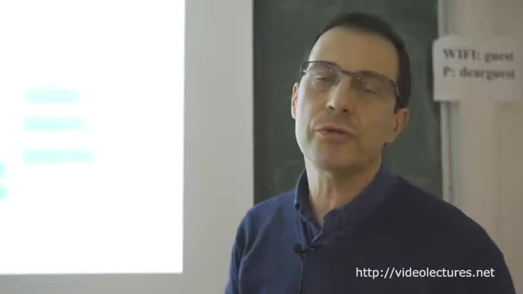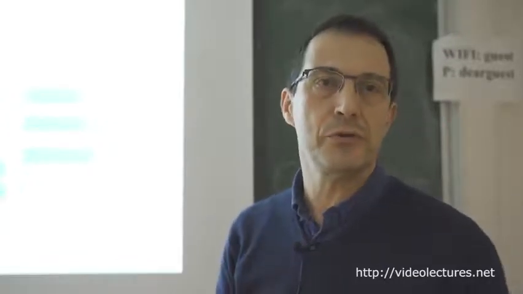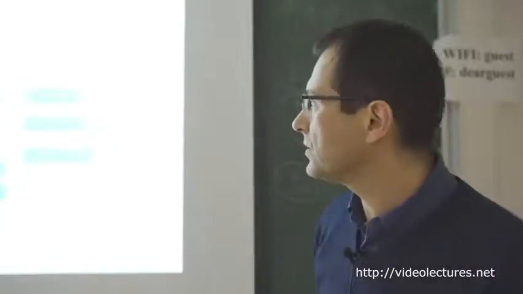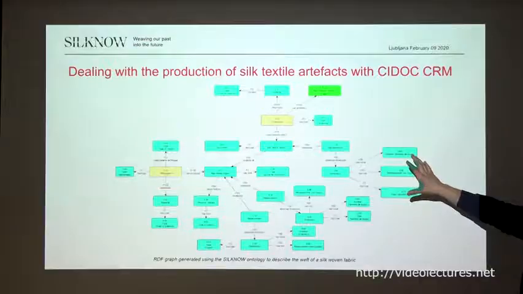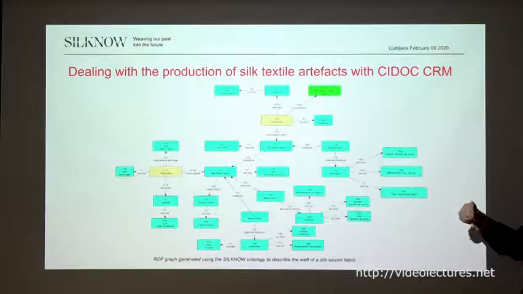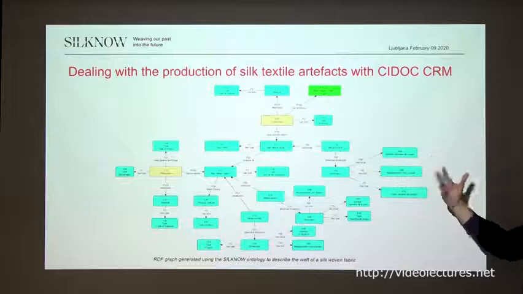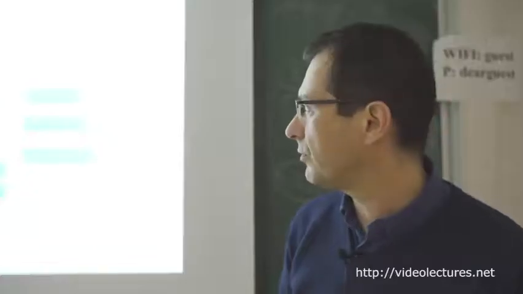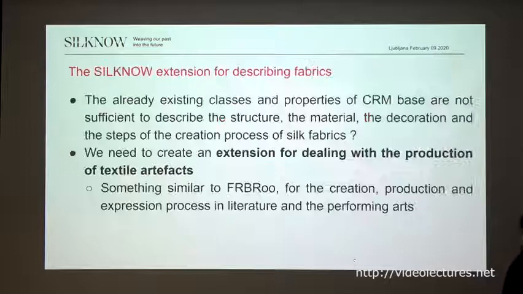In the plain text, we have information about the production, the process of production of the textile, and we modeled the production of the textile, the process of the production of the textile, and created new classes.